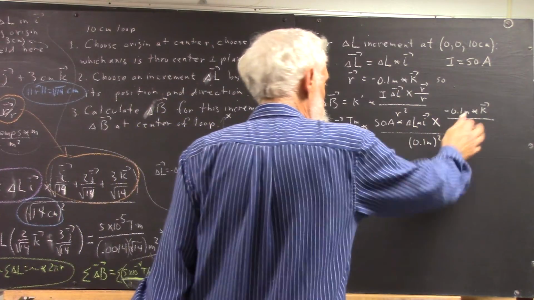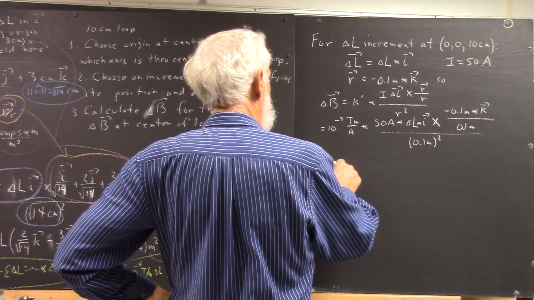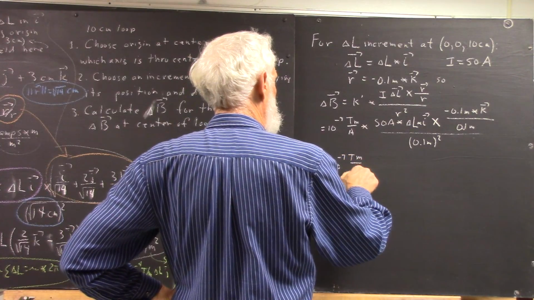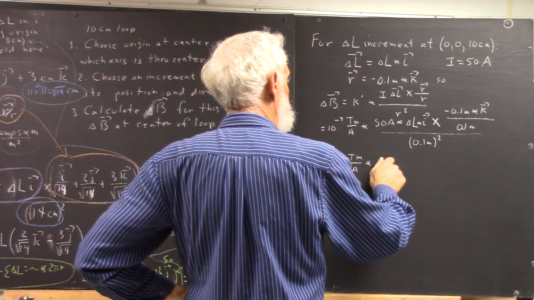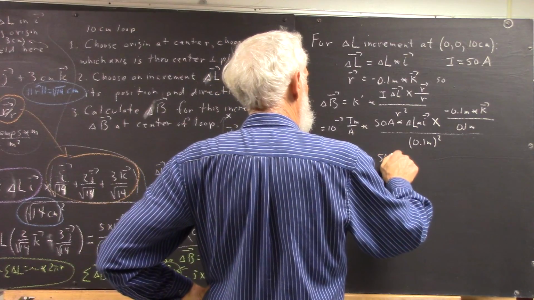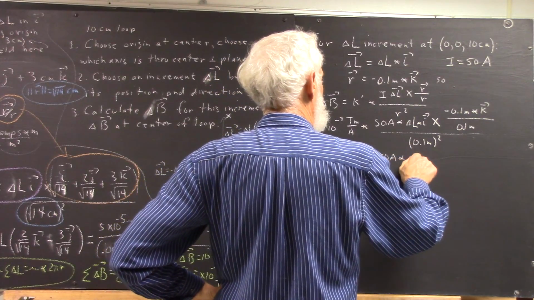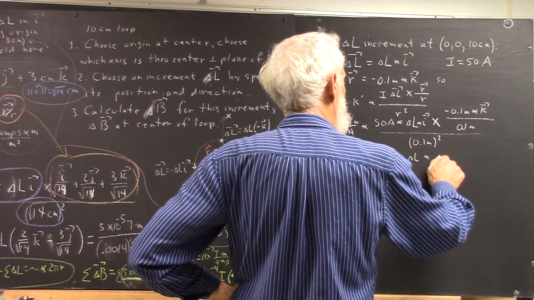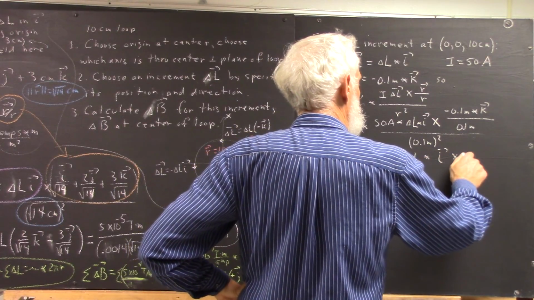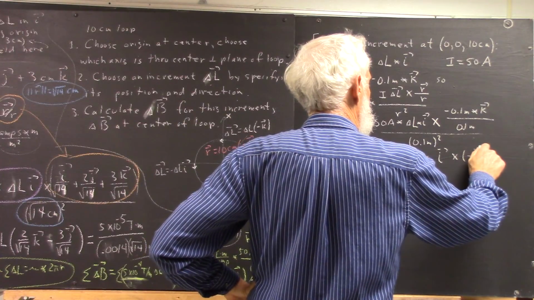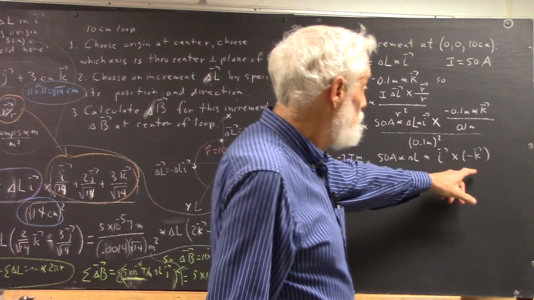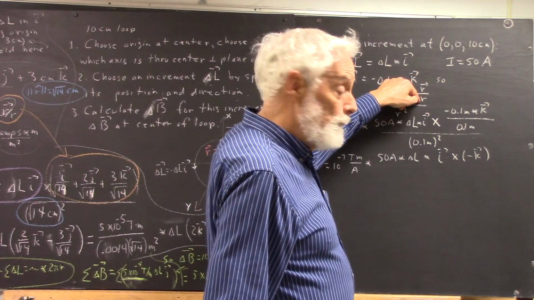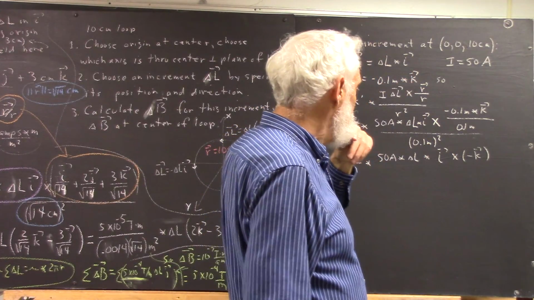Now a little simplification over here before we do any of the real arithmetic. 10 to the negative 7th Tesla meters per amp times 50 amps times delta L times what? I cross negative K. We got a unit vector here because, of course, vector R divided by its magnitude is a unit vector.